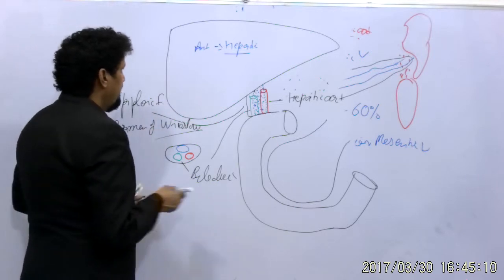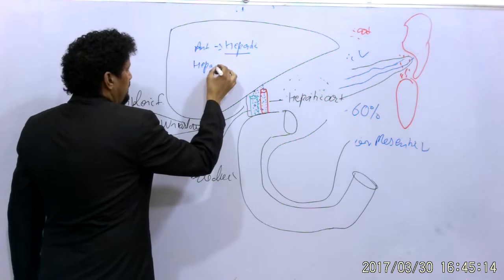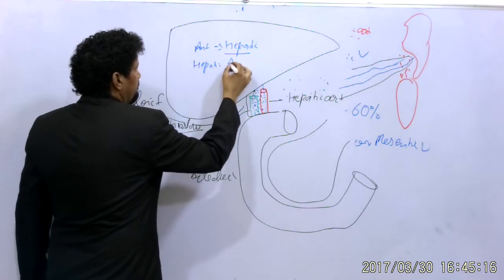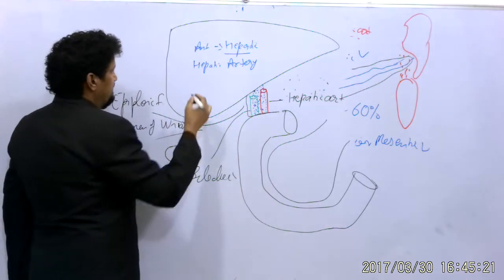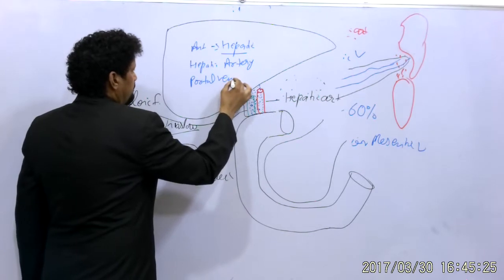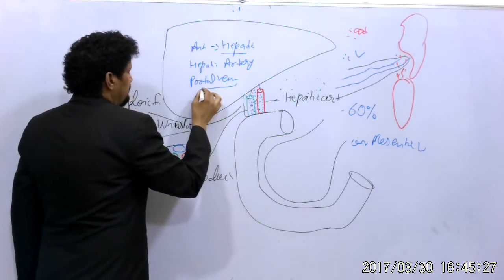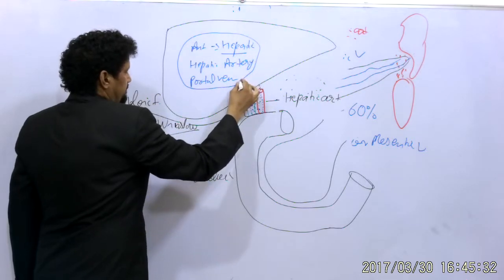Posterior to the hepatic duct is the hepatic artery, and posteriormost is the portal vein. So, these are the relations in the liver.